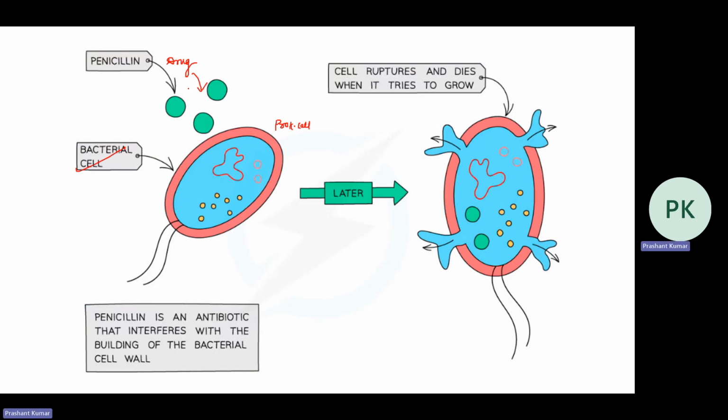So what will this drug do? The drug will rupture the cell so that all the cell content will come out. And second, it will prevent reproduction. This is again a very important process.